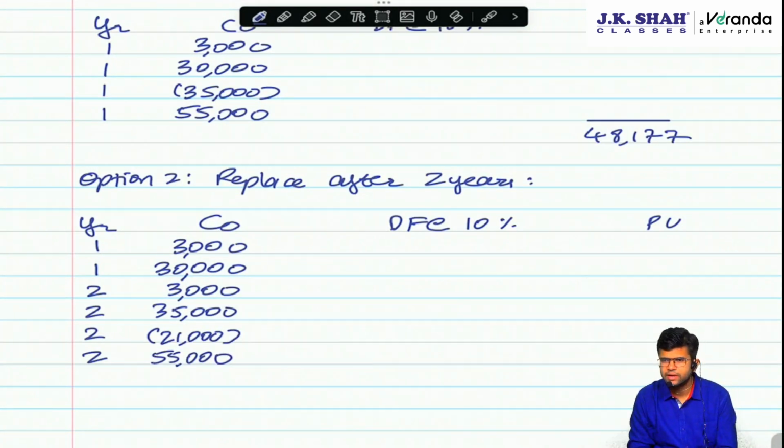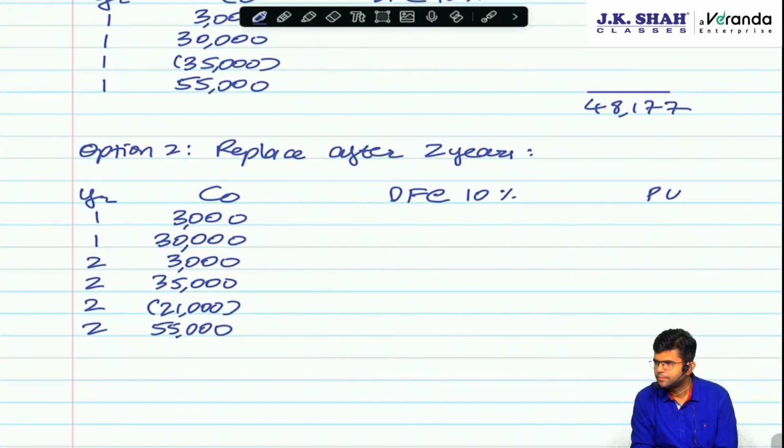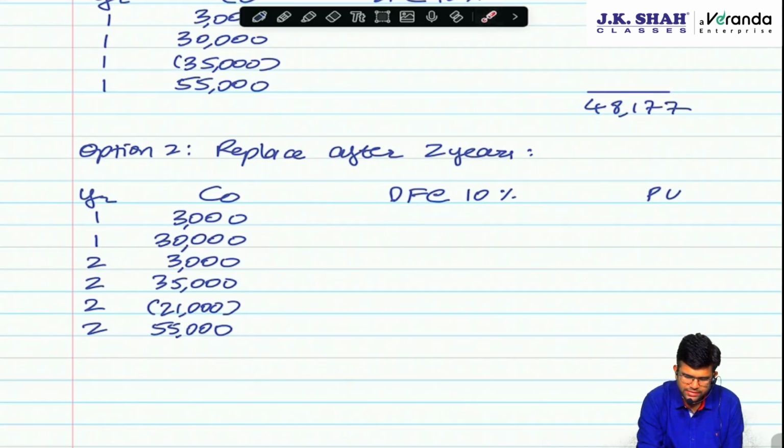Please check, have you taken these numbers? If you replace after 2 years, can I say that first year 3,000 and 30,000 petrol etc. will go? Then second year again 3,000 and 35,000 petrol etc. will go. Hello, everyone following? Then you will sell that bike for 21,000 salvage and then purchase the new bike for 55,000.